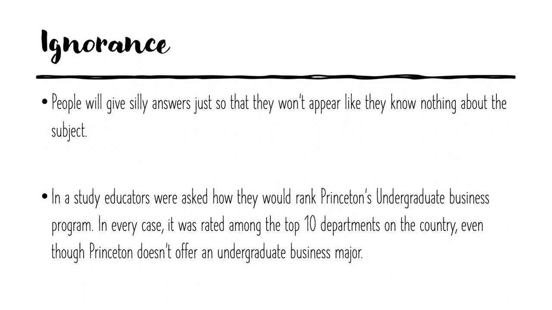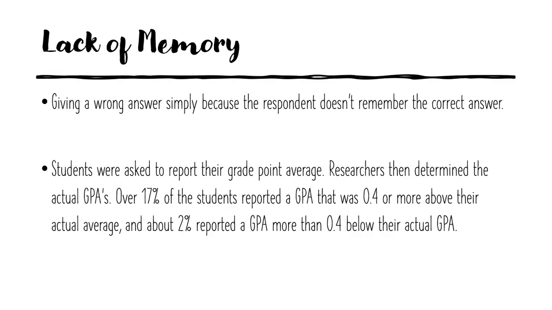Just because Princeton, the college, is that's great, or it's this Ivy League school. Oh, if they have a business program, it must be great. Well, they actually don't even have one.